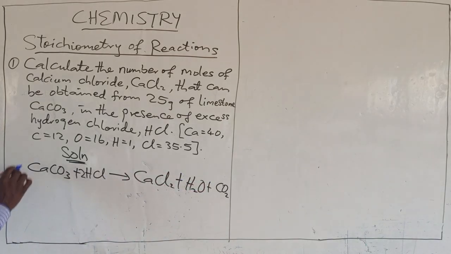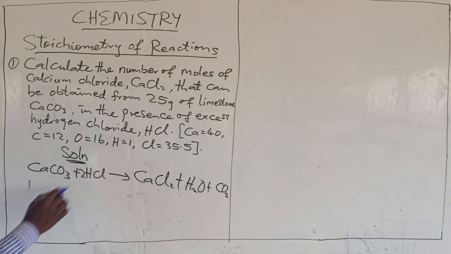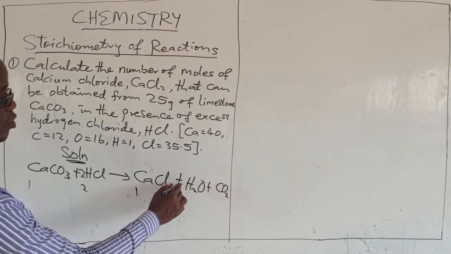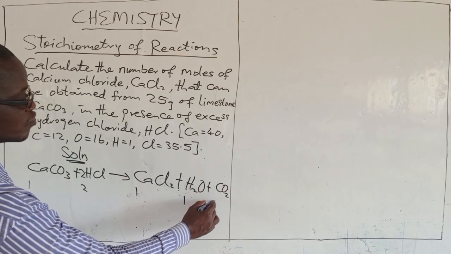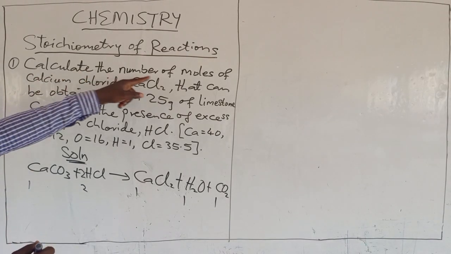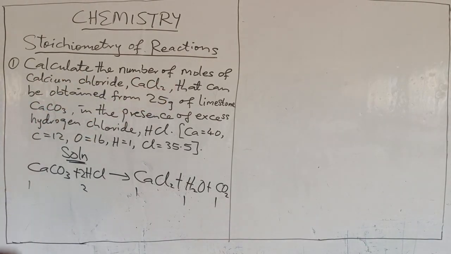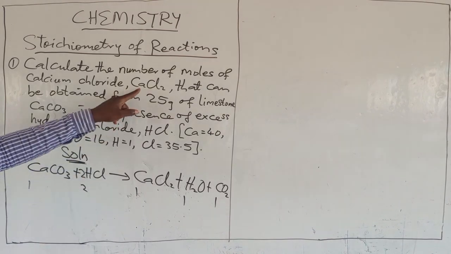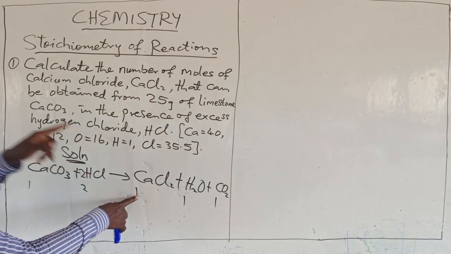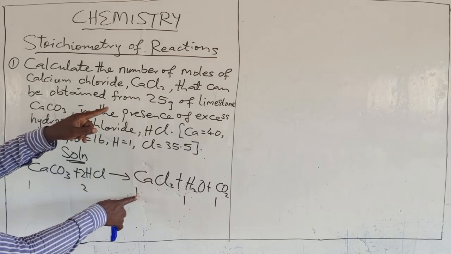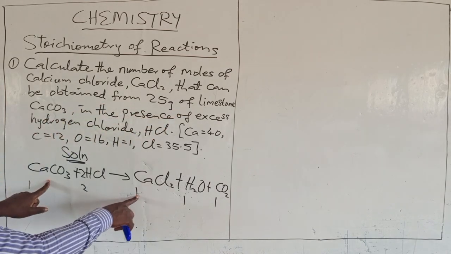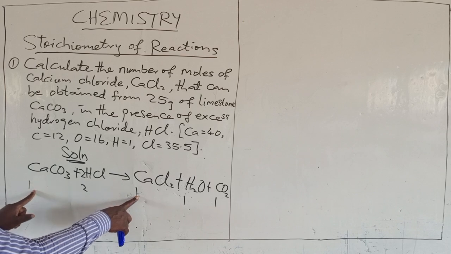Here you have an invisible 1, here you have 2, here you have an invisible 1, here an invisible 1, here an invisible 1. But the question says, calculate the number of moles of calcium chloride, which is this, that can be obtained from this, which is this. So our concentration will be on this and this.